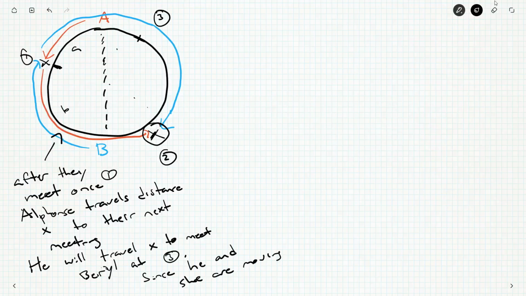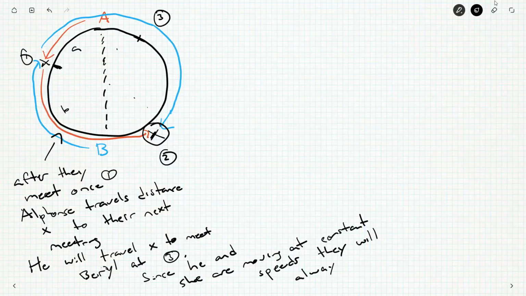So since they're moving at constant speeds, he will always travel distance x between meetings.